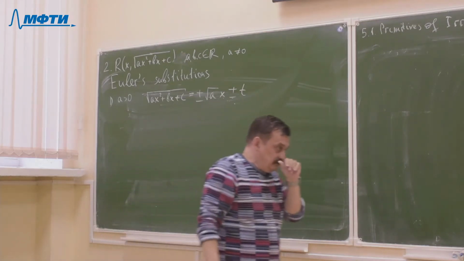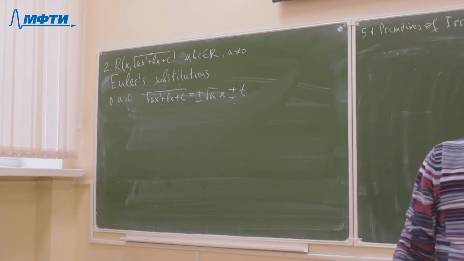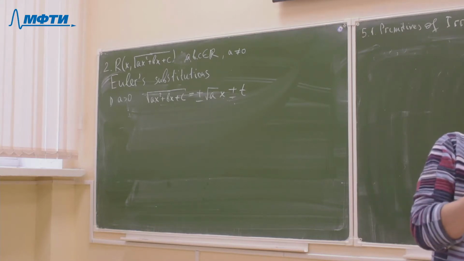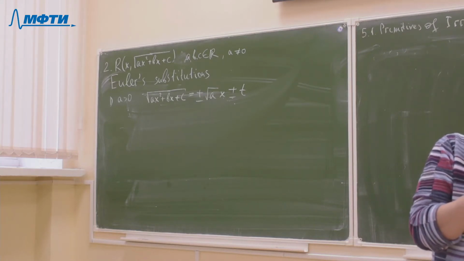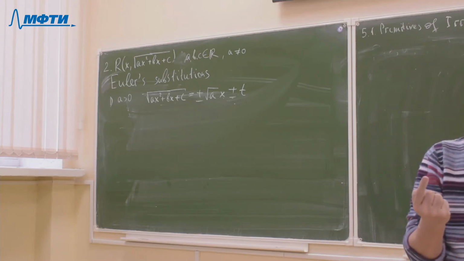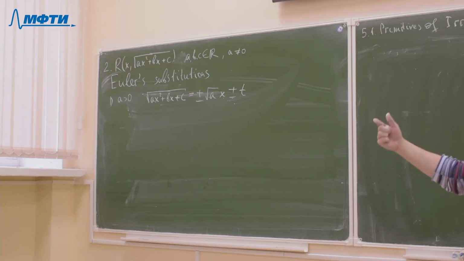So let me explain what substitution means here. Look, we had a variable x, right? Now there is a new variable t. And what is written here? I wrote an expression for both x and t, right?